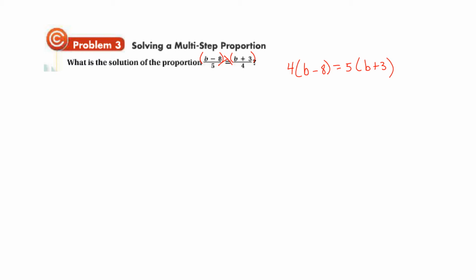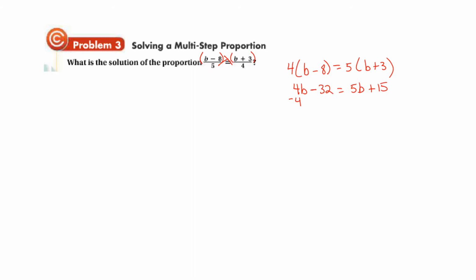I do my distributive property. 4 times b is 4b. 4 times negative 8 is negative 32, so I'd have 4b minus 32 equals 5 times b is 5b, and 5 times 3 is 15.